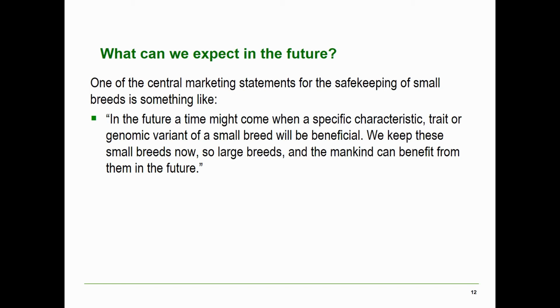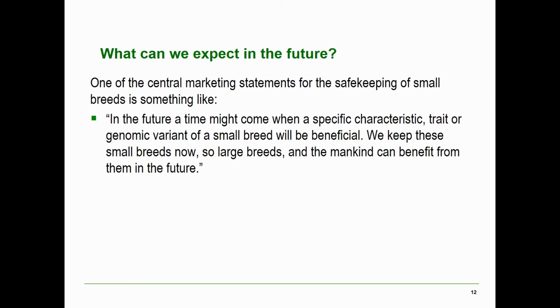Now, what I know for sure is that one of the central marketing statements of small breeds, or of people who are working in safekeeping of small breeds, is something that is stated in quotation marks. So this is not an exact quote, but just the main message that comes up quite frequently.